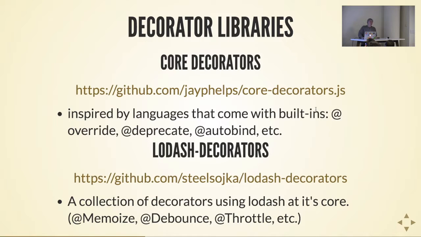OK, so memoize is going to take your method, and based on whatever arguments you're passing in, it's going to cache the result of that function. So you don't have to run the function anymore. You can just look at your cache for the parameters. And because it's a pure function, you're always going to get the same result back. And then debounce is, let's say a user is clicking a button a bunch, and you only want to get one button click from them.